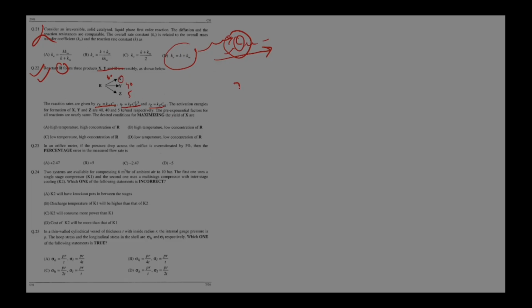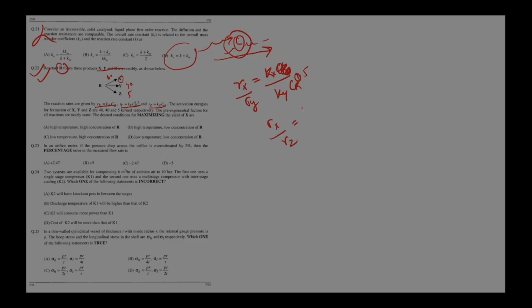Okay, so very first, Rx will be kx CR. If I do Ry, ky CR to the power 1.5. Okay, and Rz 0.5.